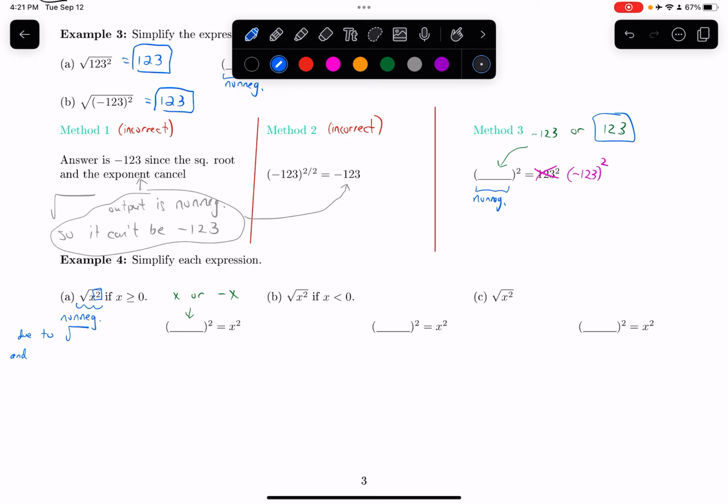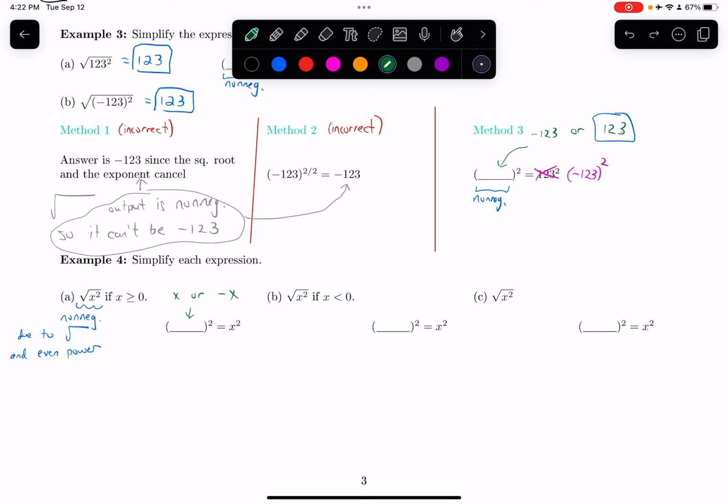No matter what gets plugged in, an even power gets rid of any negatives. So there are two reasons why this square root is always going to give me a non-negative value. Because of that, the answer I'm looking for needs to be non-negative.